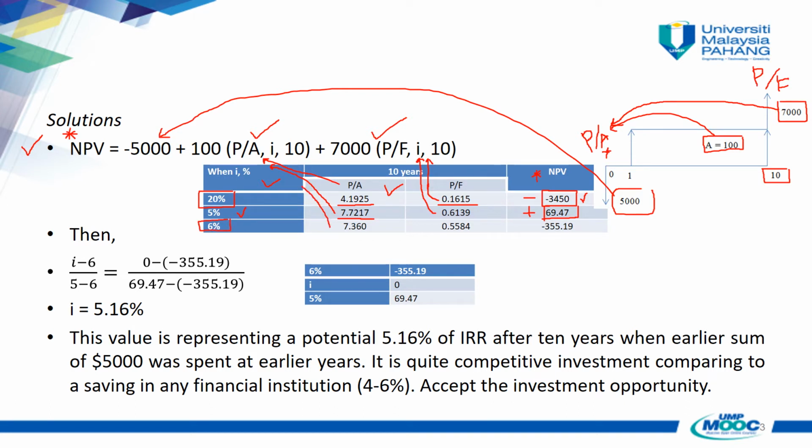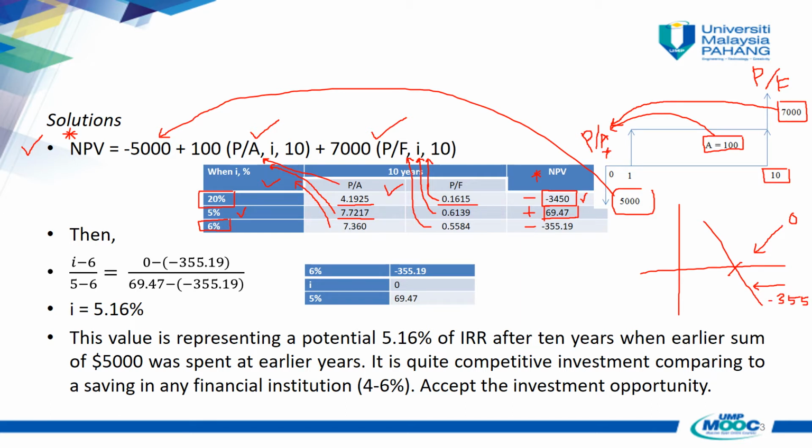I put the finding P value for A, 7.3, and the finding P value for F at year 10 for 6%, 0.5584, and then we'll see it is much closer to 0. Our negative will become much closer to our 0, negative 355.